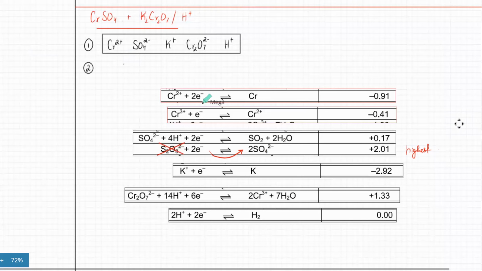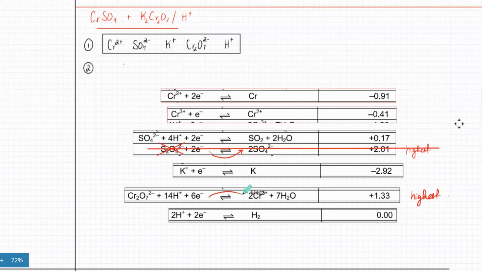So I'm just going to remove this particular reaction. Ignoring that, which one is the highest E naught? I think that comes out to be 1.33, which is this one. So it comes out to be 1.33, which means it's going to gain electrons.